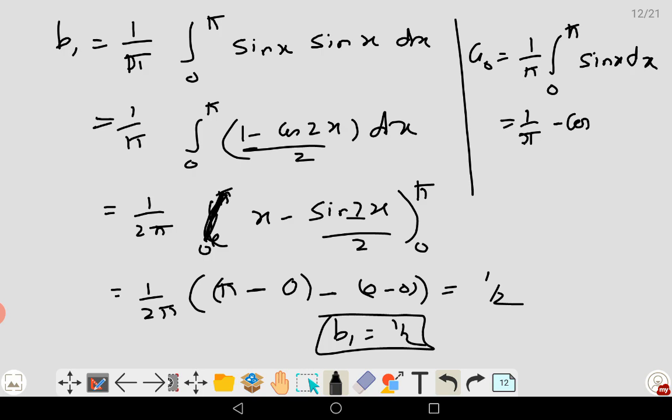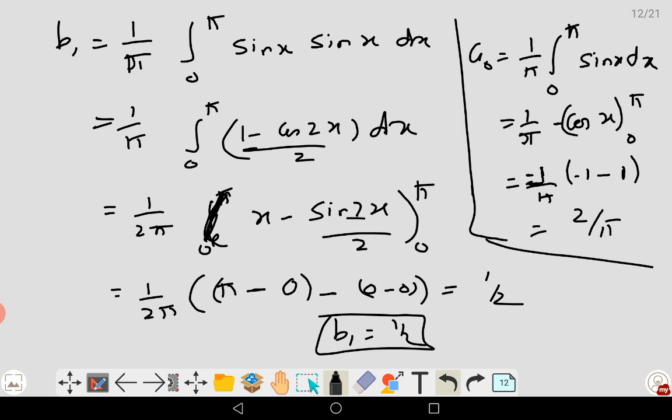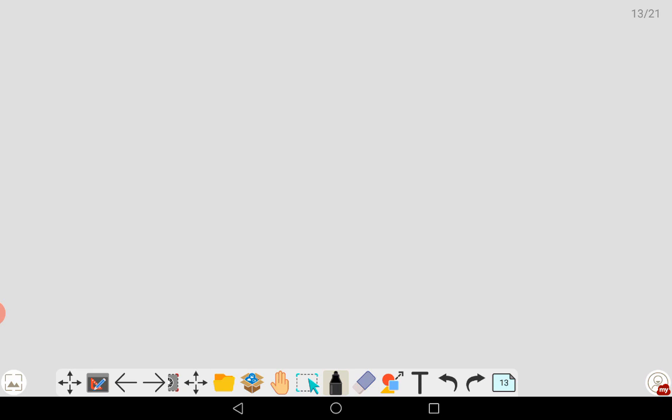So it will be 1 by pi times minus cosine x from 0 to pi, so minus 1 by pi, cosine pi is minus 1, cosine 0 is 1, so minus 1 minus 1 is minus 2, and the answer is 2 over pi. So we have to collect all this information to write the function f of x.